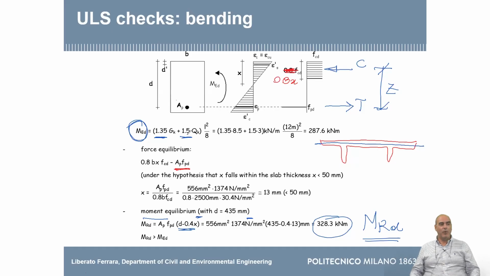For example, when you lift your element and you put it on the supports, however careful you are, you always have some dynamic factor. Then you put something to take into account also the size effect and so on. So the uncertainties that we are not so skilled in quantifying go into this safety factor. That 1.35 takes into account tolerances, dynamic amplification and other things.